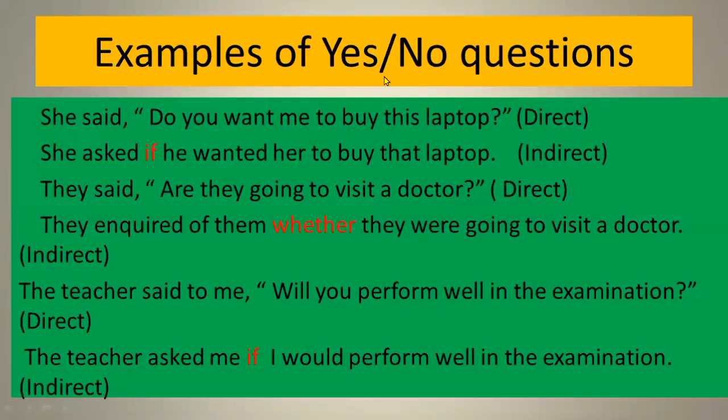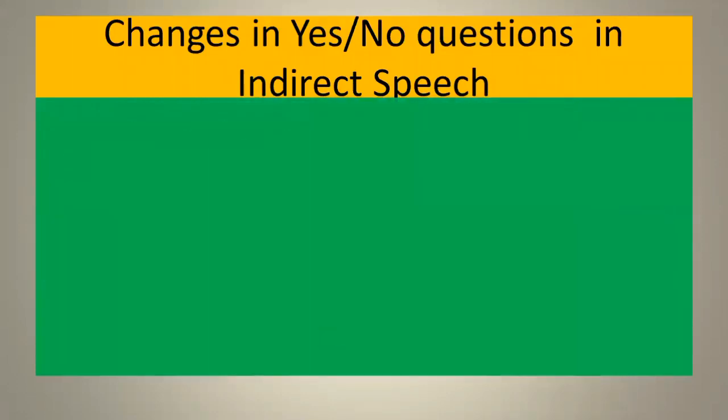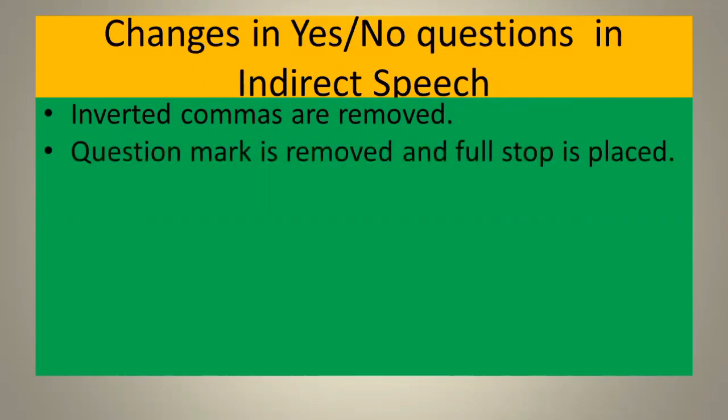So this is how we change yes-no questions from direct speech into indirect speech. Changes in yes-no questions in indirect speech, which I have already told you: inverted commas are removed, the question mark is removed and a full stop is placed.